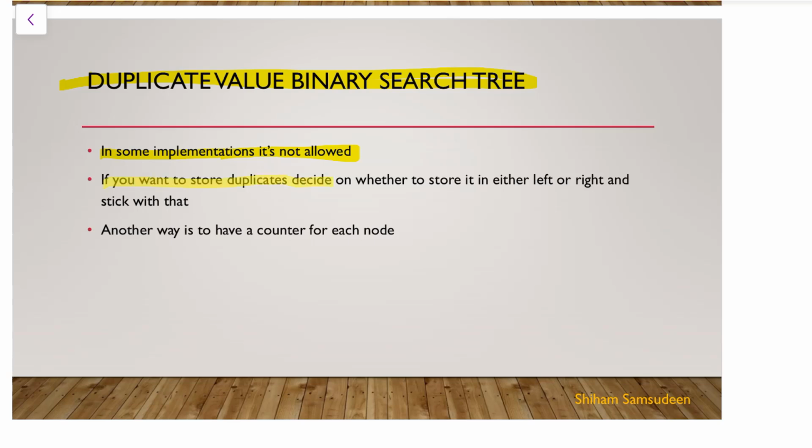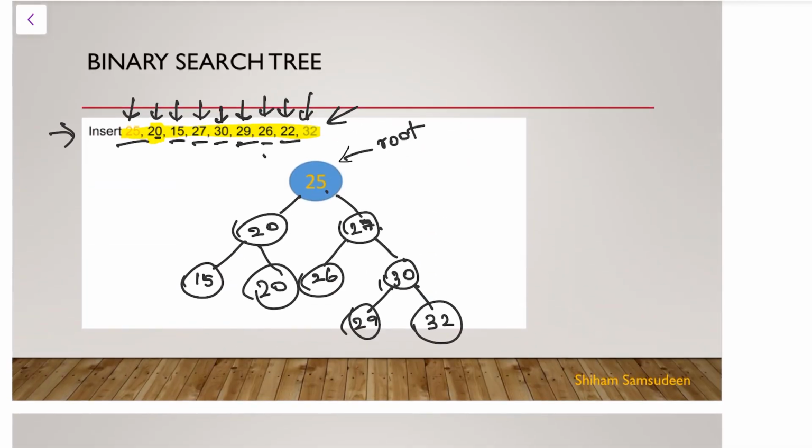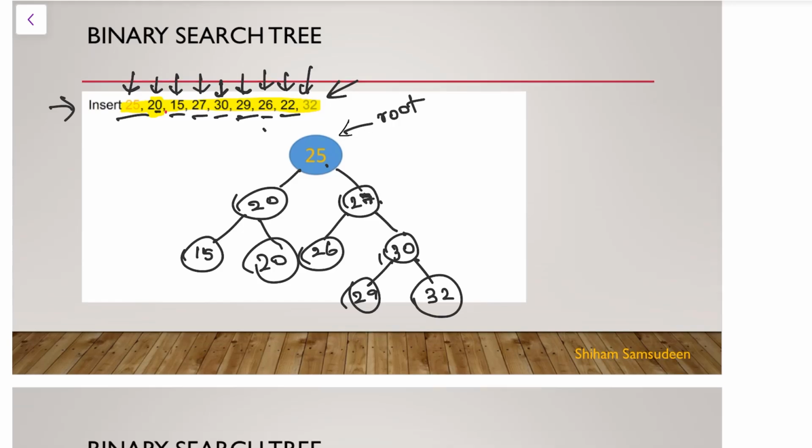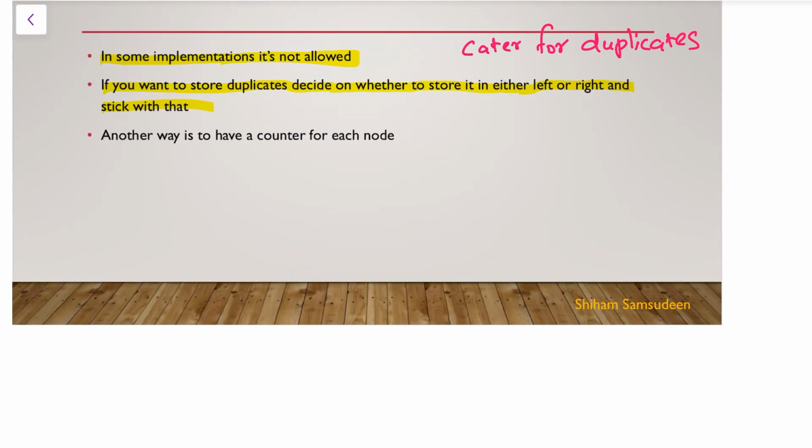If you want to store duplicates, decide on whether to store it in the left or right and stick with that. So say for example, in case you want to cater for duplicate values, what you need to do is, say for example, this same thing, so 25, 20, 15, 27, and let's say you get a 20 again.